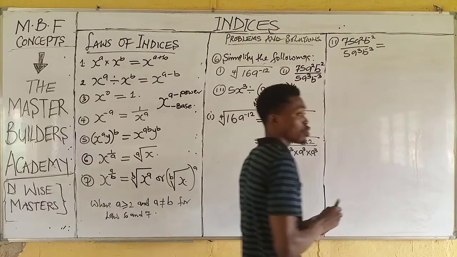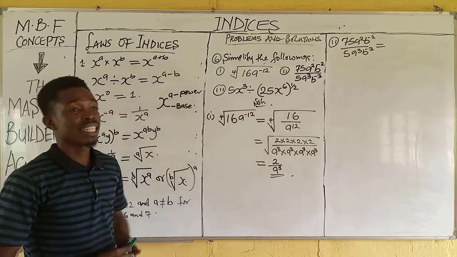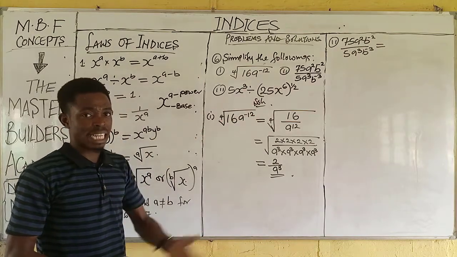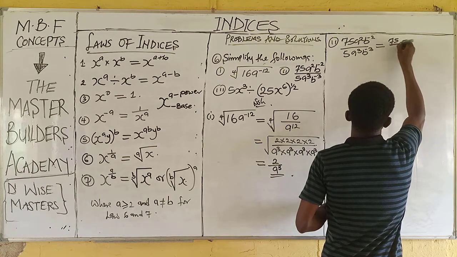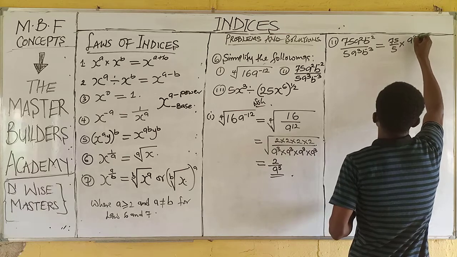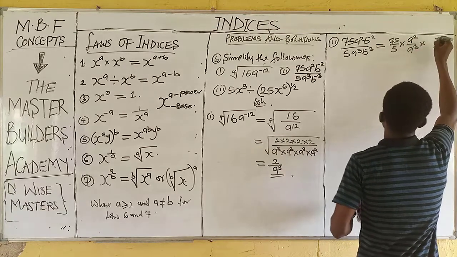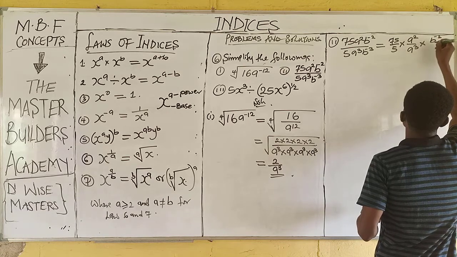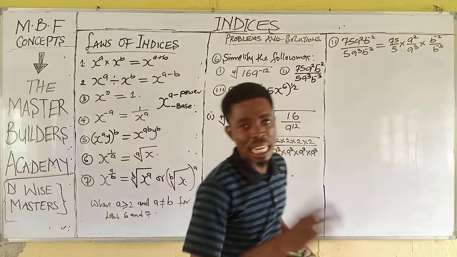And this is equivalent to, all we need to do here is to split the numbers from the letters. Automatically we can say that this is 75 over 5 multiplied by a raised to the power 2 over a raised to the power 3 multiplied by b raised to the power minus 2 all over b raised to the power minus 3. It's as simple as this.